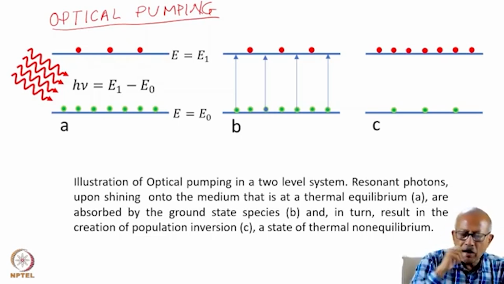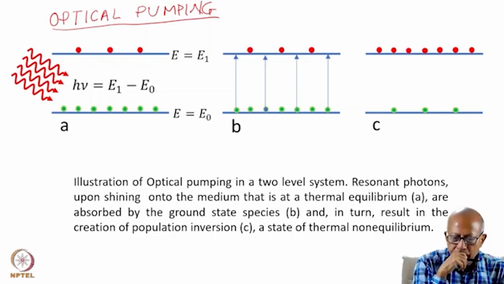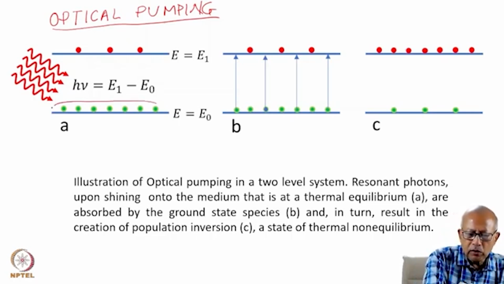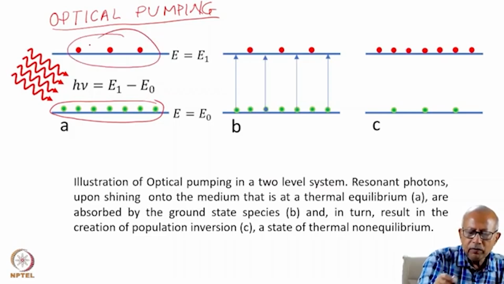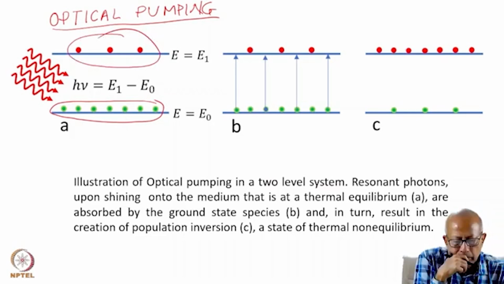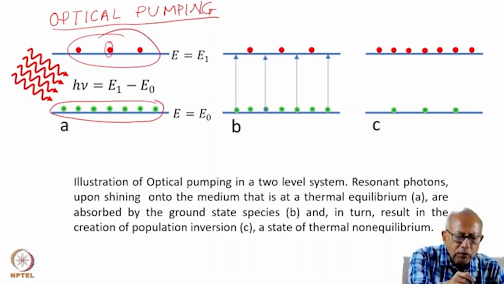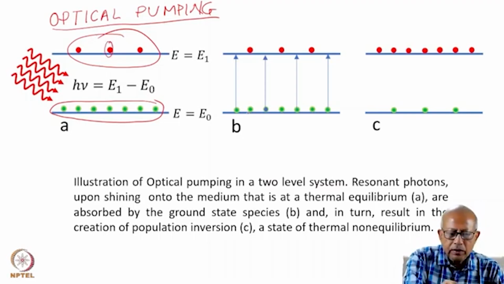The system is at thermal equilibrium, where the lower level has more population and the excited level less. The lower level atoms, as usual, are denoted in green color, the excited atoms otherwise. Now as the photons interact with it, some of the atoms from this down state will absorb this photon and fly up.